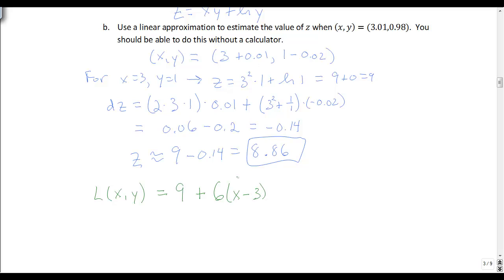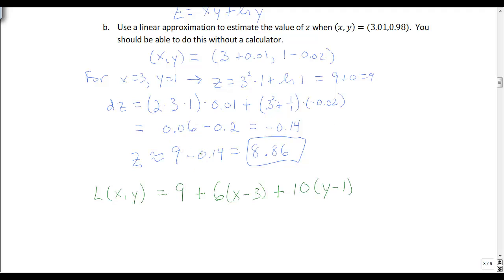So x minus 3 would be the 0.01 here. Plus 3 squared plus 1, which is 10, times y minus 1. So y minus 1 is like the negative 0.02. I think this is a little bit unnecessary at this point, but you could go through with this and calculate this formula if you wanted to.